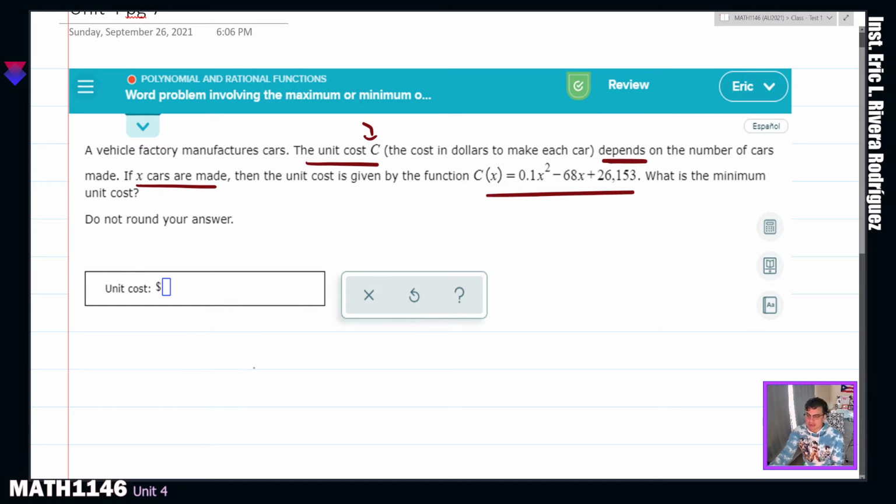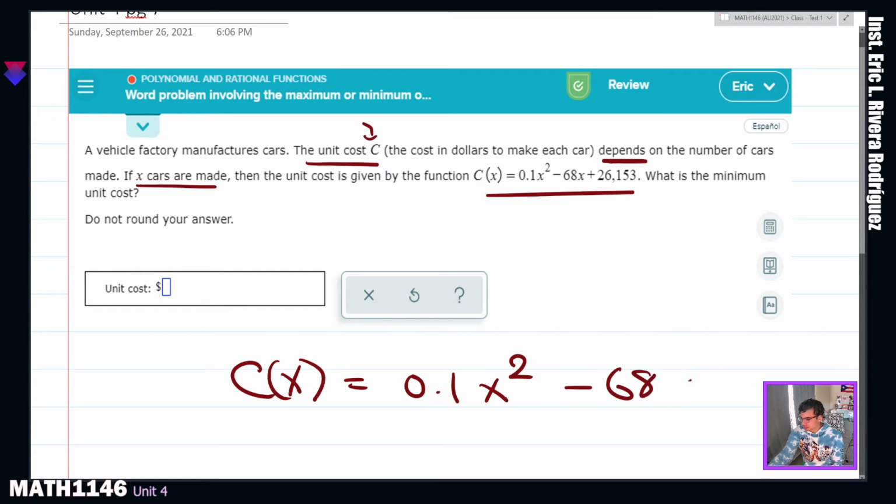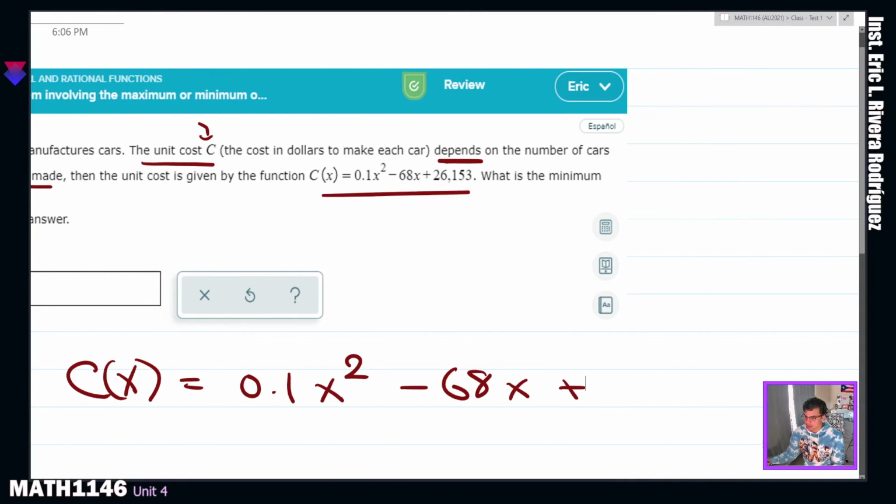And the relation is given by a quadratic equation. So here is the quadratic equation that relates the cost of creating a car, so C, and how many cars are made.